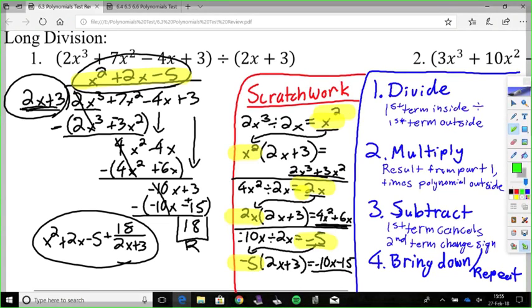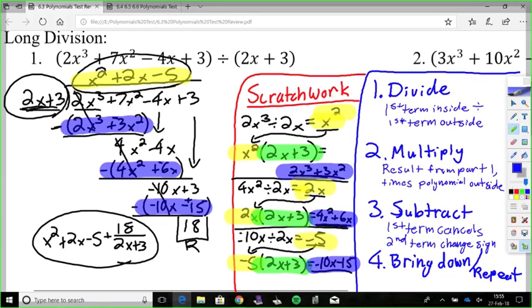And in that step, you multiply it every single time to the 2x plus 3. And also pay attention to that product, the 2x to the third plus 3x squared, that went in the problem. The product's 4x squared plus 6x, that went in the problem. And the negative 10x minus 15, that also went in the problem when you subtracted.